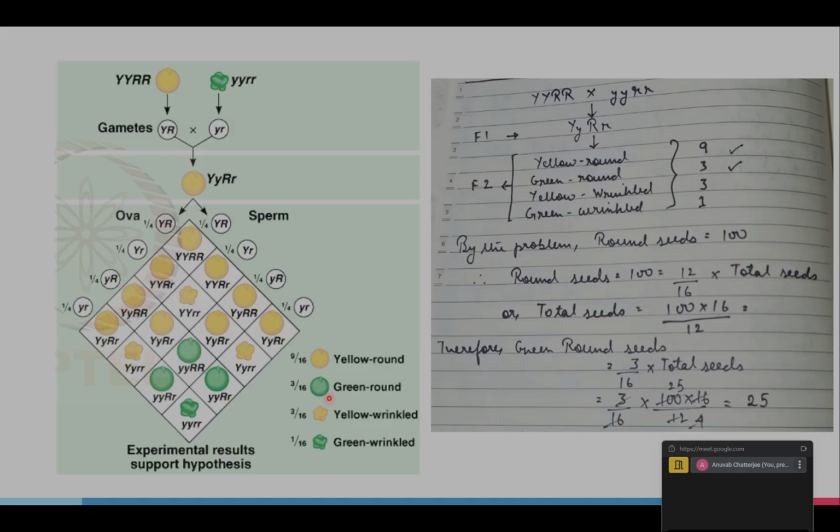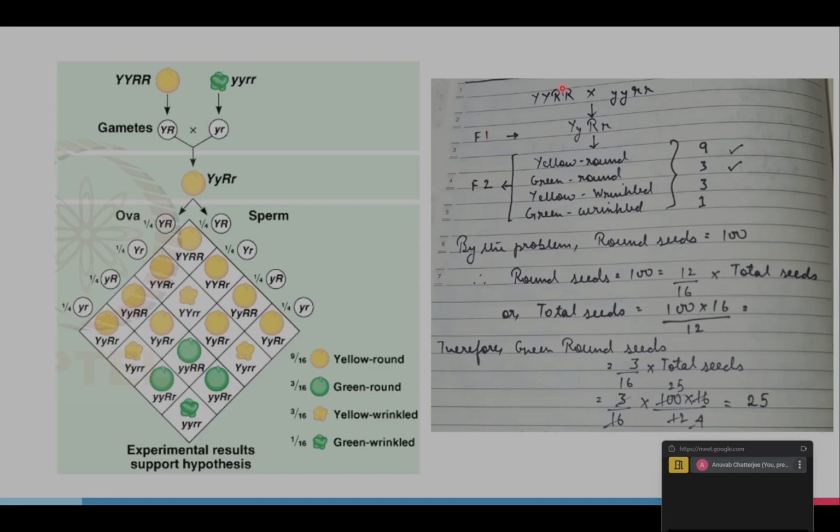Having the heterozygous phenotypes is 3 out of 16 each, because there are two of them, green and round, and wrinkled and yellow. And then 1 out of 16 is the completely recessive phenotype. So this is what we know, and this is what is written here as well.